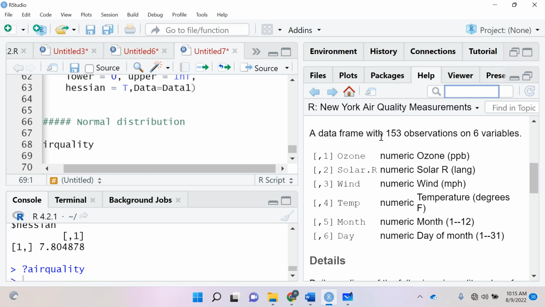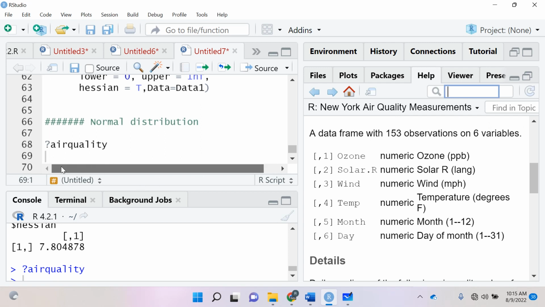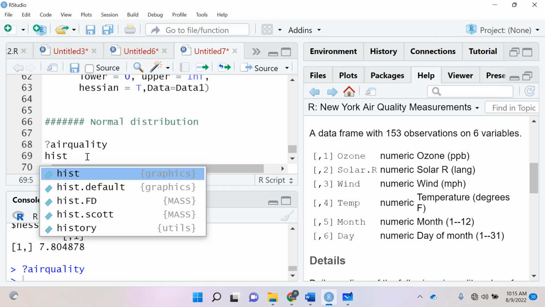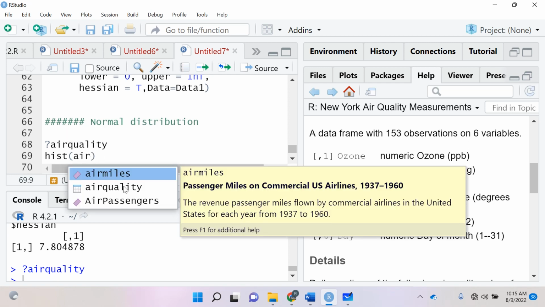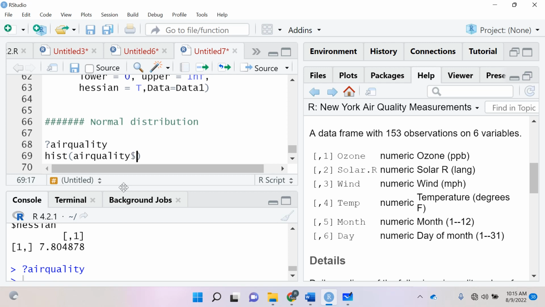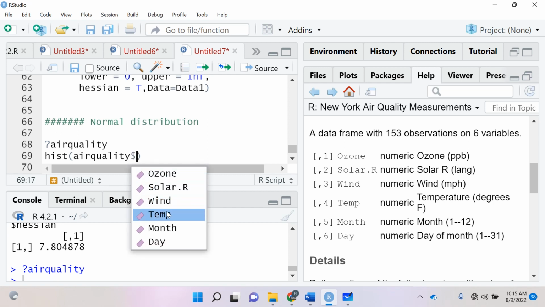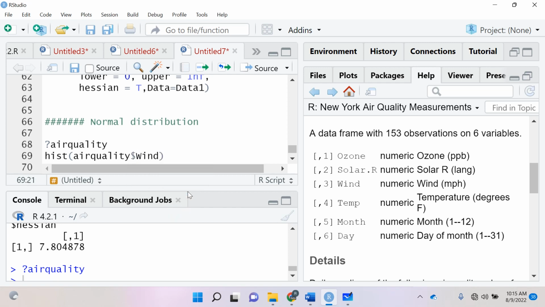It's a data frame of 153 observations and so forth. I want to see some characteristics of this data. So let's say I want to see a histogram of the air quality data, and I need, let's say, the wind, which is wind speed.